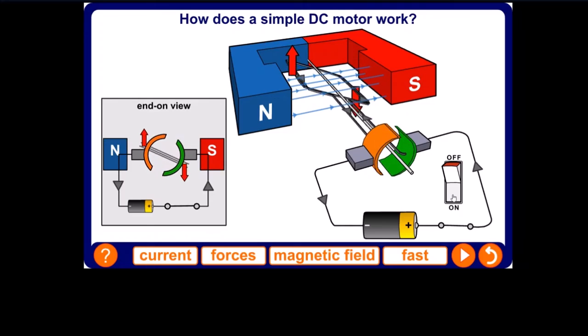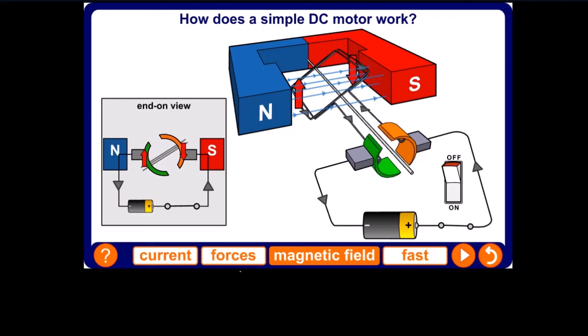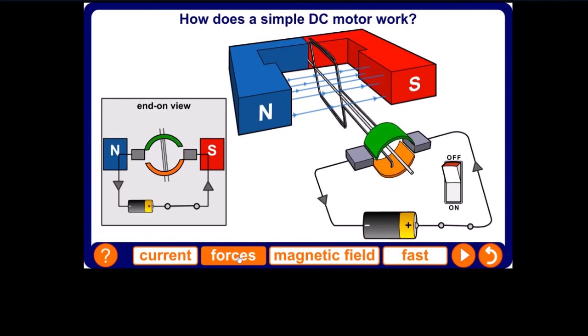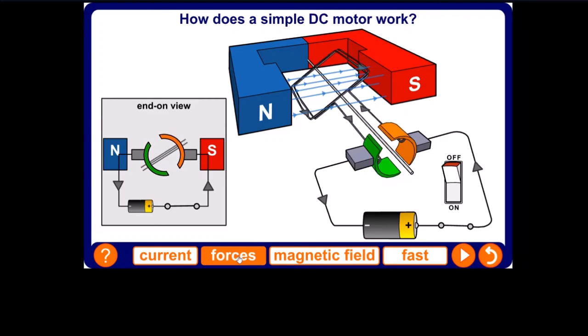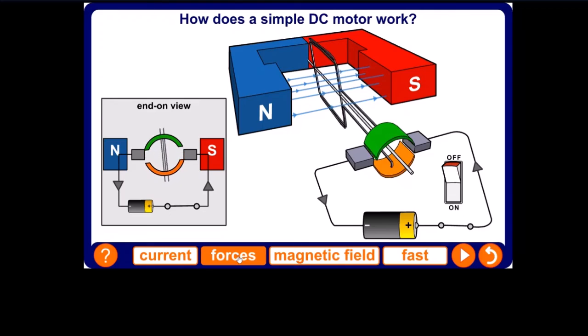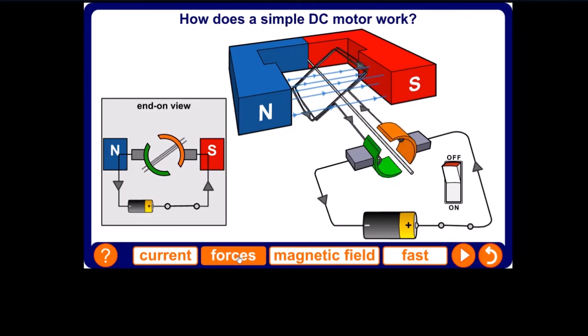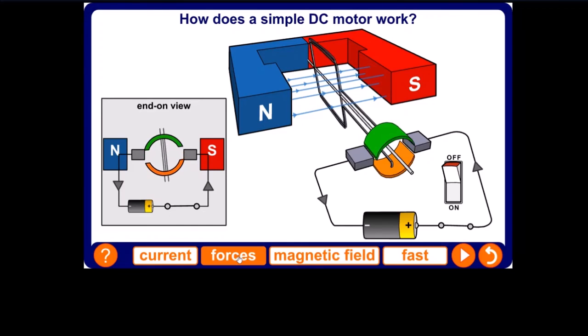So what we can see here, let's concentrate first of all on the current. You can see that every half a turn, the current is switching direction round the coil due to the split ring commutator. You can see the grey arrows there changing direction every half a turn.